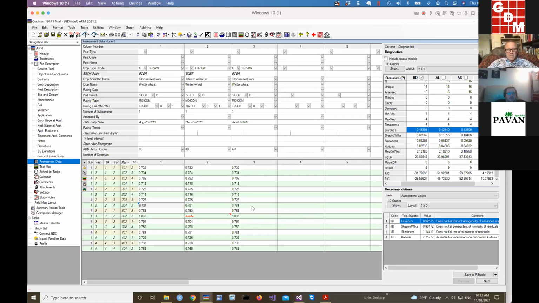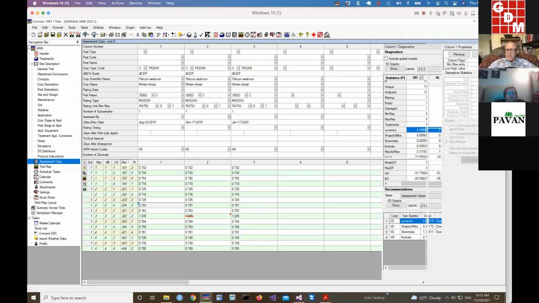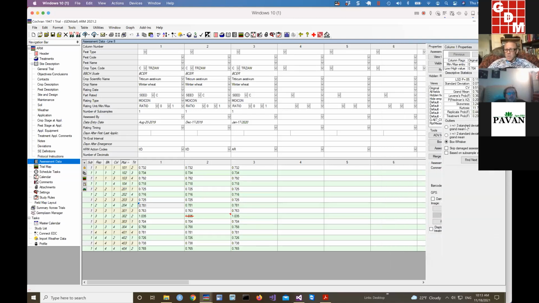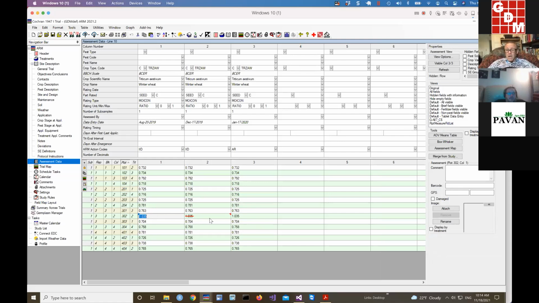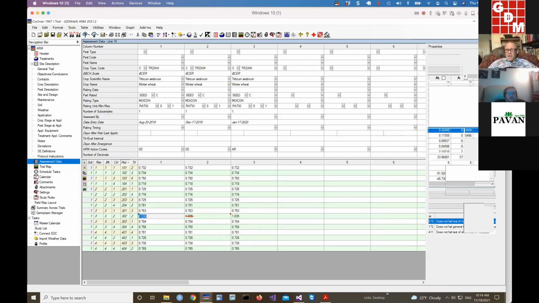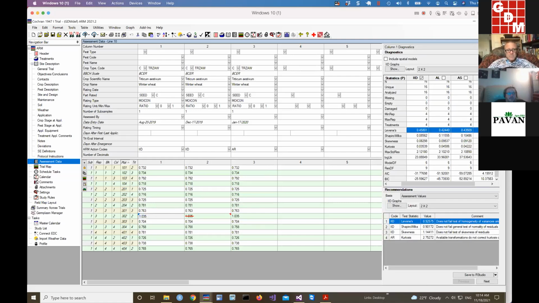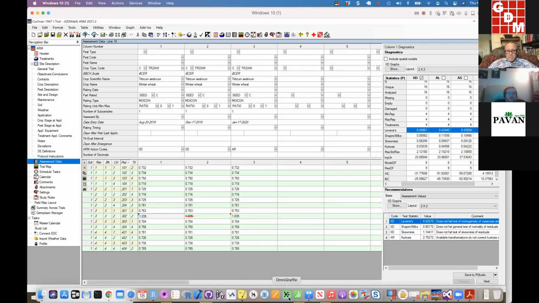And in this case, we have a small number of comparisons. I will point out the column properties. If we use the box whisker, we will find the outliers as well. It uses a slightly different mechanism for finding outliers. Okay. So let's go back to our presentation.